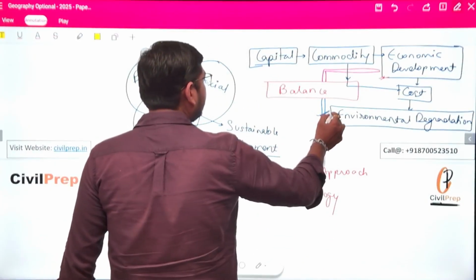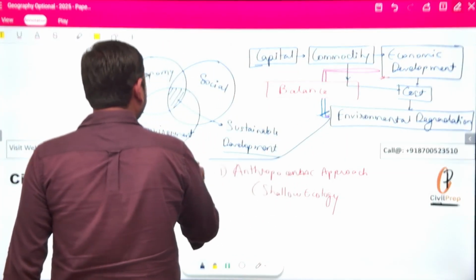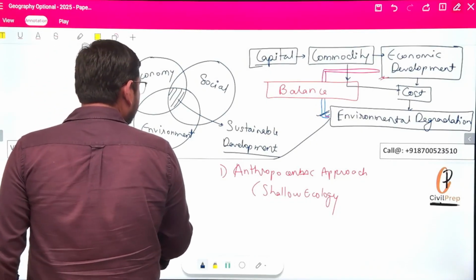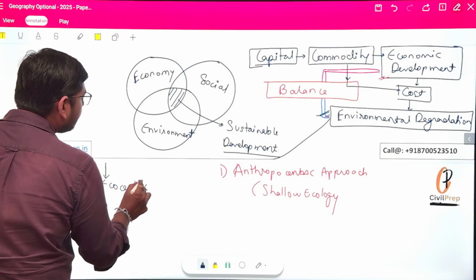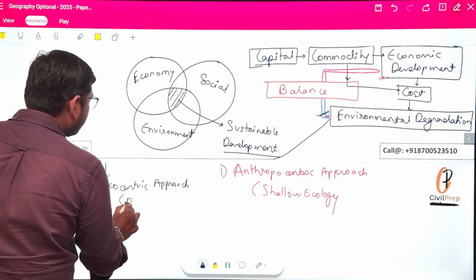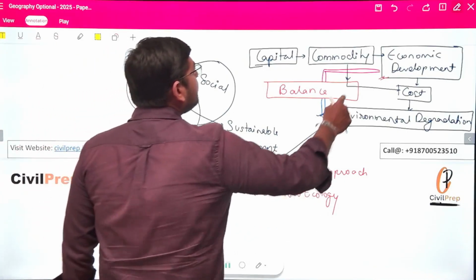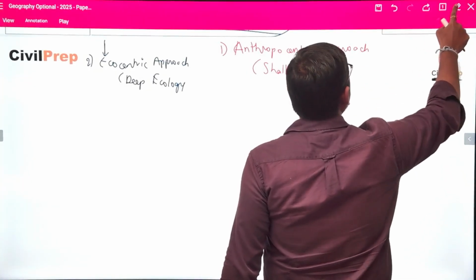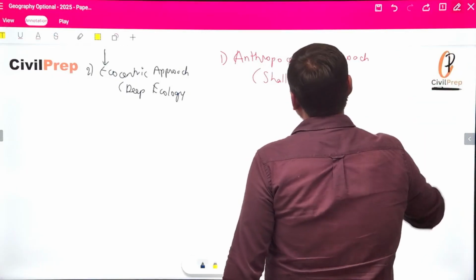In the second aspect, we have the environmental perspective. When I look from this perspective, it is called the ecocentric approach, which is called deep ecology. In both these conditions, we are looking at an approach by which the world, or our policies in the next phase, will be developed.